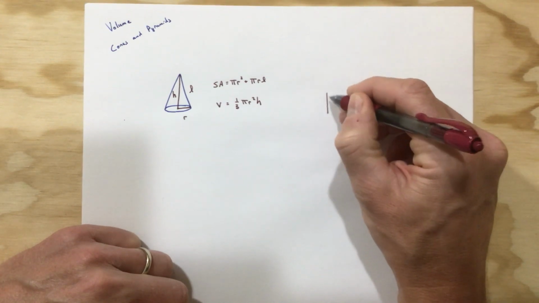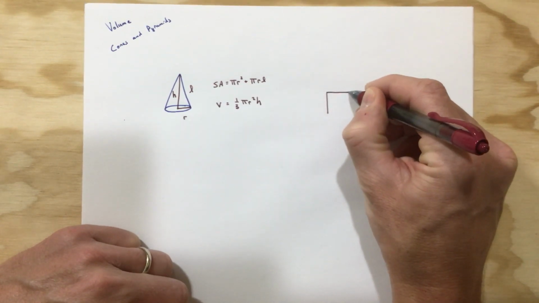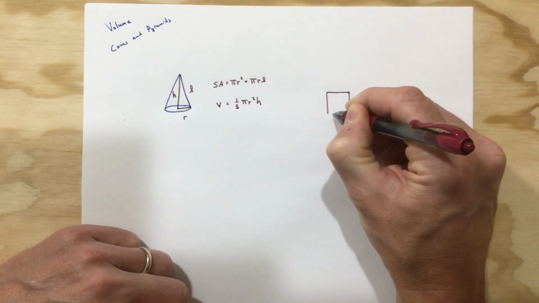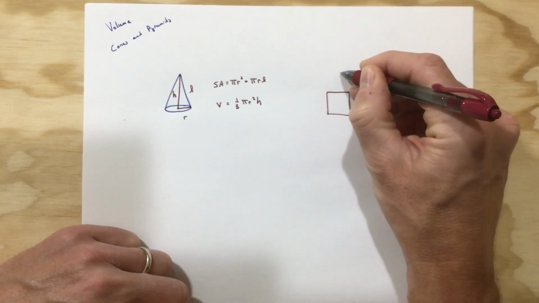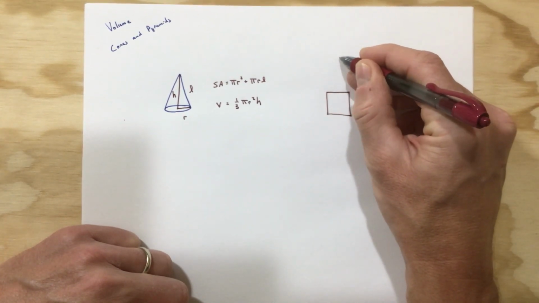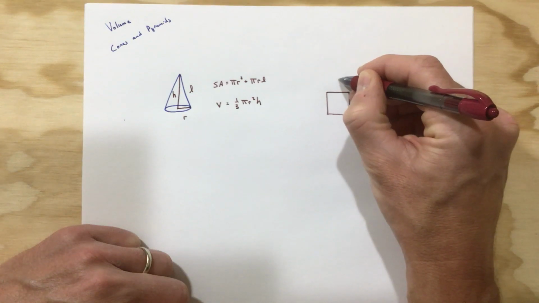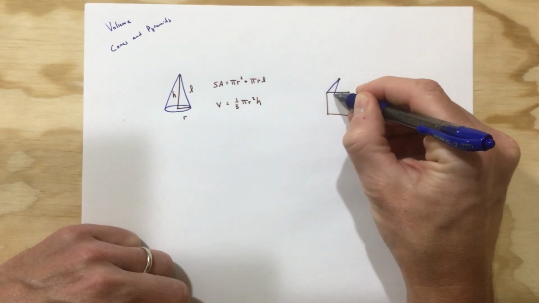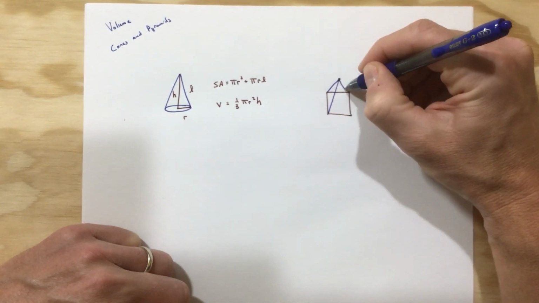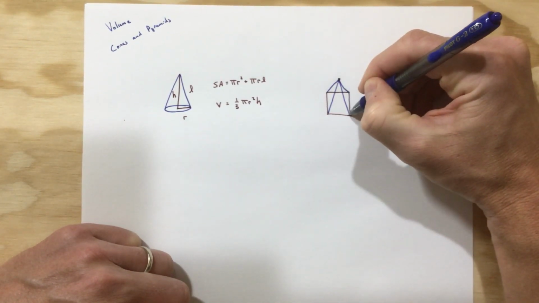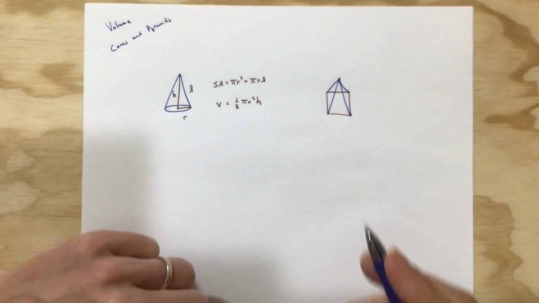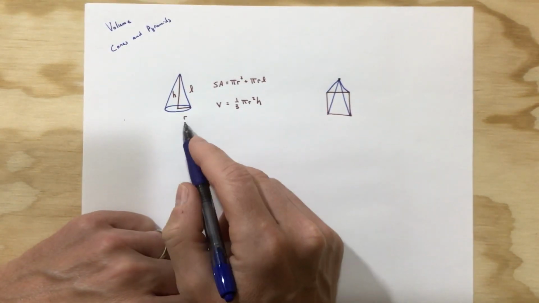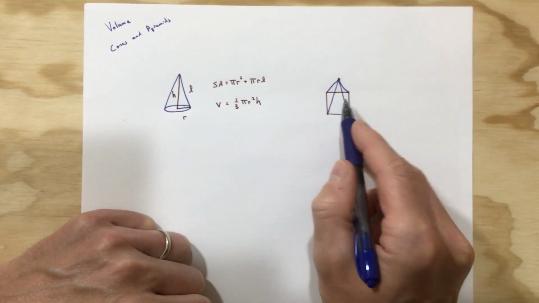Pyramids have very similar vocab words. Let's put it there. Okay, let's draw this in blue maybe. Okay, so that's your pyramid, and the pyramid has the same thing. It doesn't really have a radius, but it does have half of a side length.